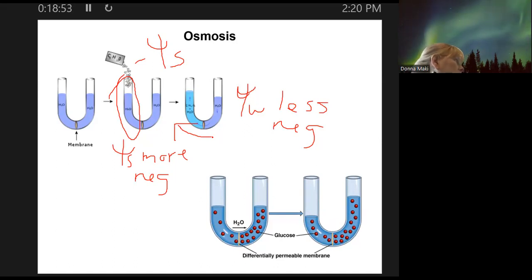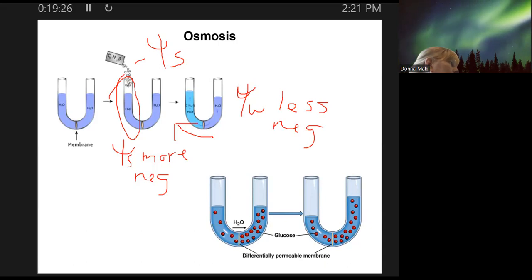But really what's happening is that the minute you dissolve anything into water, you get a ψS component and it's negative, because it introduces chaos into the system and it lowers the free energy. Pure water doesn't have a ψS; it's zero, so you don't have any negativity on that side. So water moves from less negative to more negative.